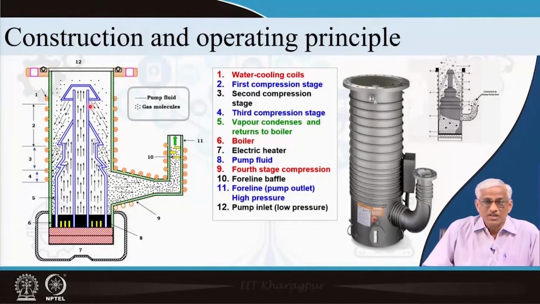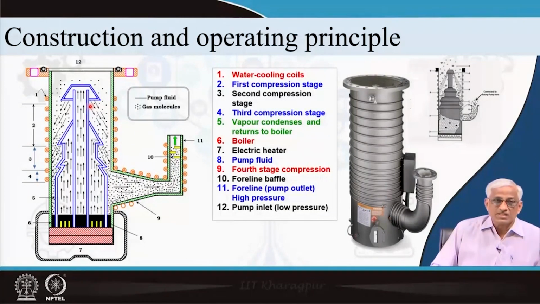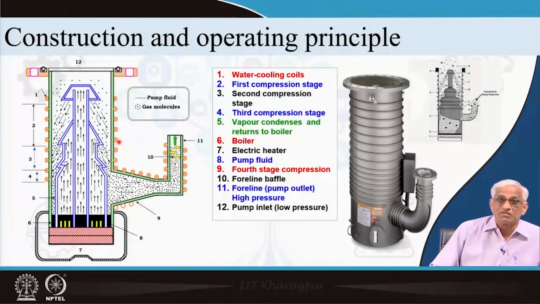Pressure energy will be instantly converted into velocity energy, and it is so high that it will form a supersonic jet. Its velocity is higher than the sound velocity, and it touches that wall and gets condensed and becomes oil again, and we have to see that the vapor pressure of this condensed oil is not much, otherwise it will spoil instead of producing vacuum, that we will see later.